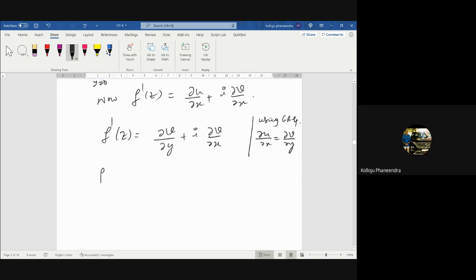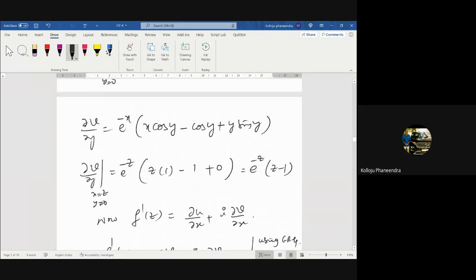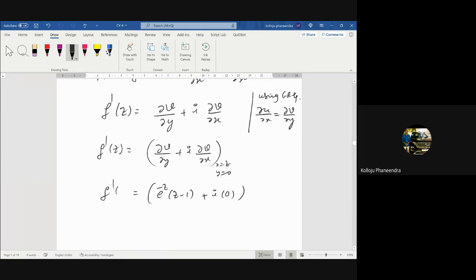Now what is f'(z)? Evaluate these two derivatives at x equal to z, y equal to 0. ∂v/∂x is what I got? 0, I think, correct? Yeah. ∂v/∂y is e to the power of minus z into (z minus 1), plus i into 0. This is f'(z).